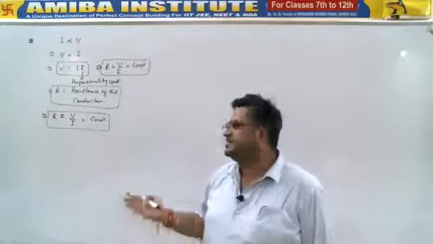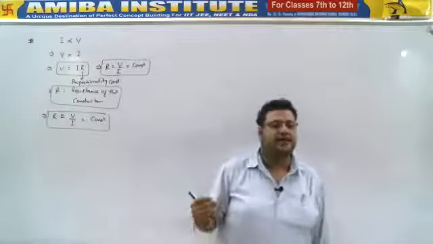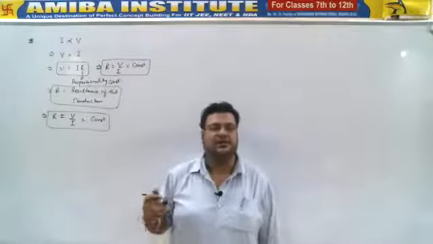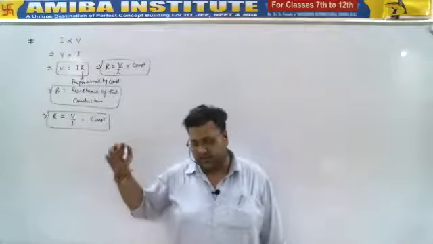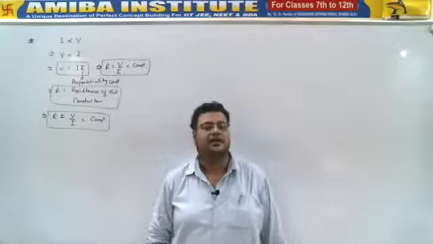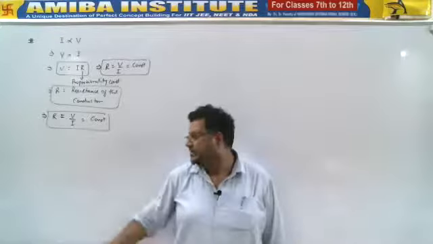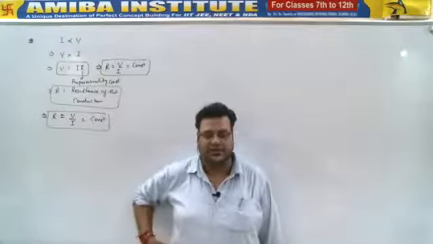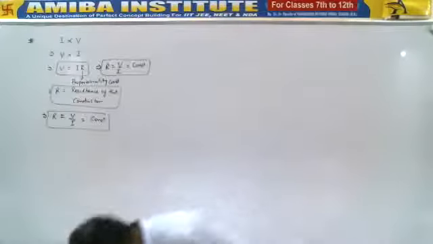If you increase the electric potential, the electric current passing through the circuit should increase, and if we decrease the electric potential, then the electric current should also decrease in such a way that the R value always remains constant. All these things we have already done in the previous class.